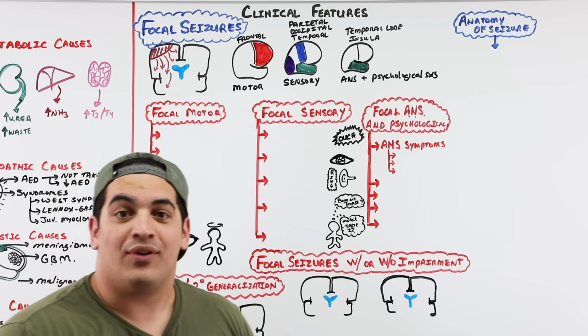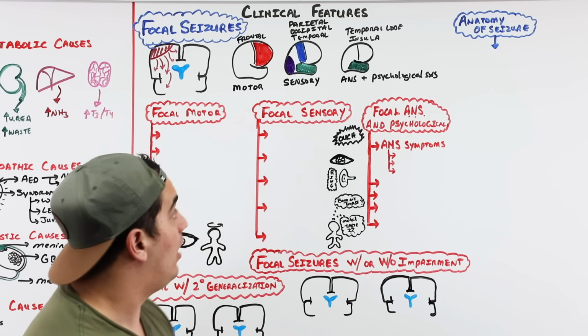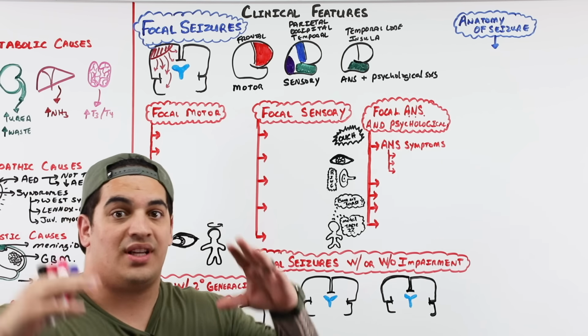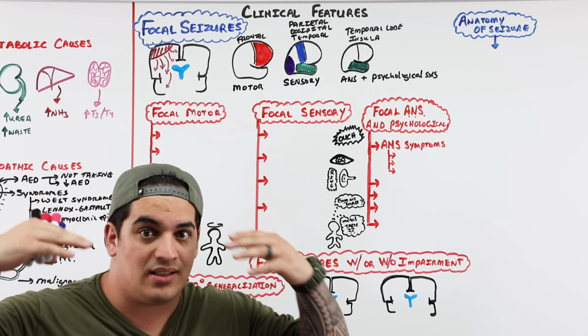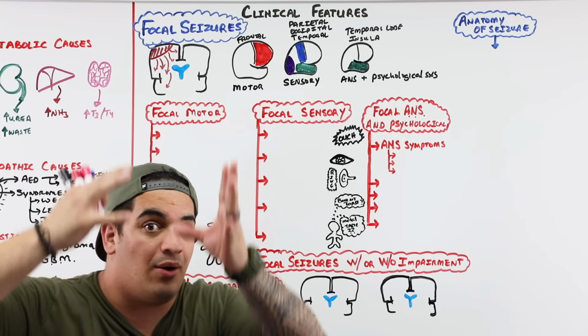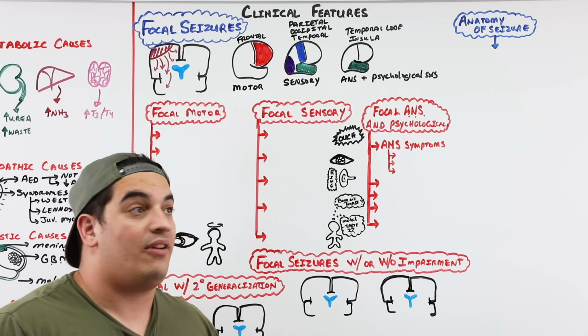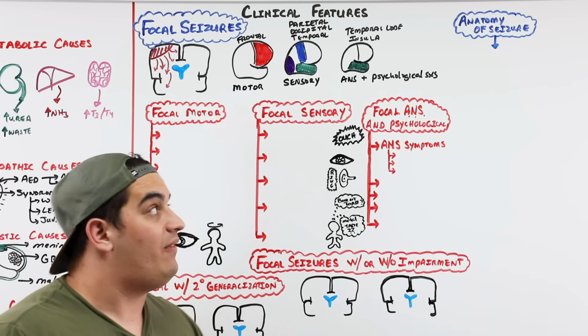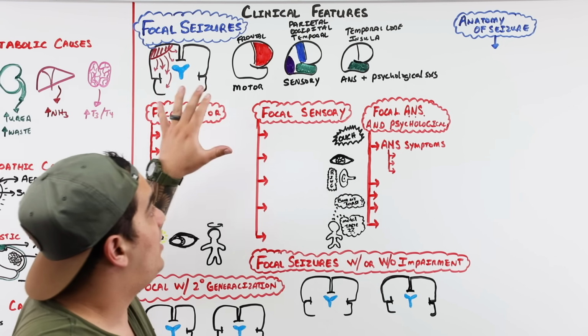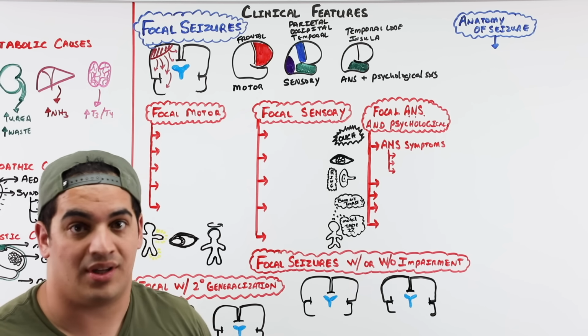So whenever someone talks about focal seizures, it's abnormal, excessive, synchronous electrical activity within one area, staying within that cerebral hemisphere. If it affects particular parts of the brain, it can lead to abnormal motor symptoms, abnormal sensory symptoms, abnormal autonomic symptoms, and abnormal psychological symptoms. That is particularly with focal seizures.